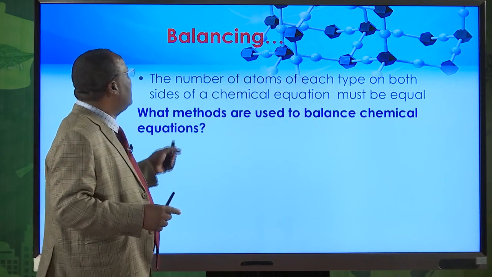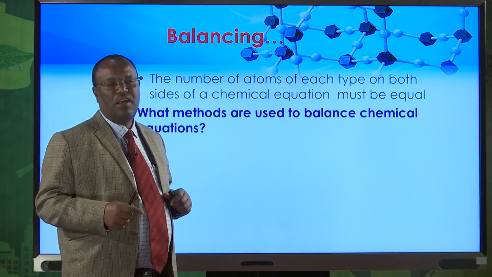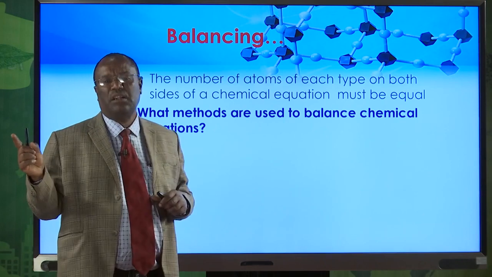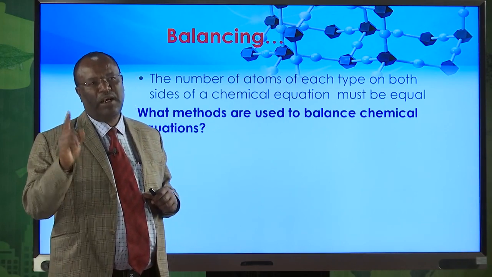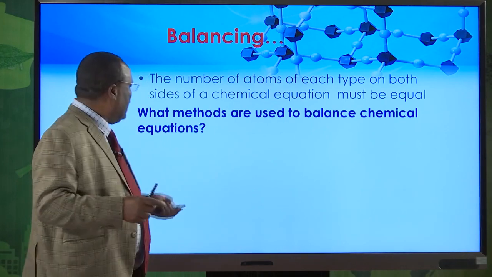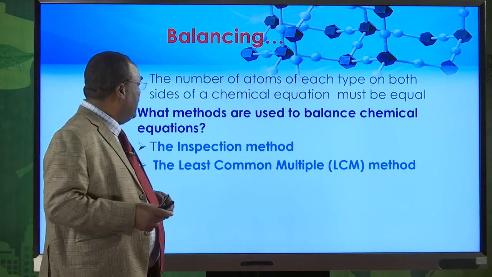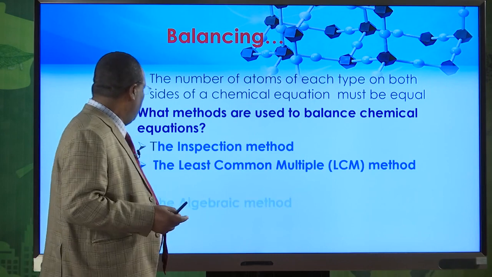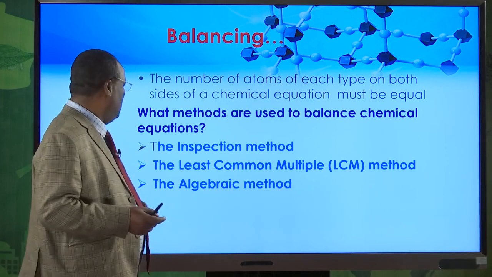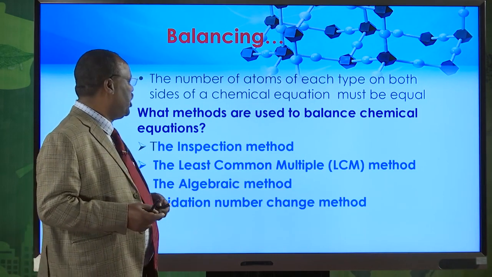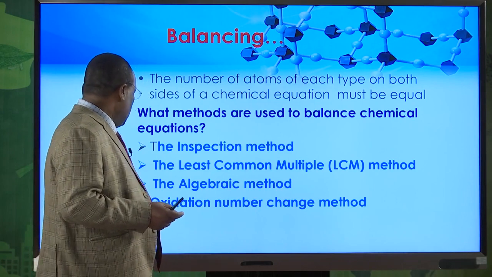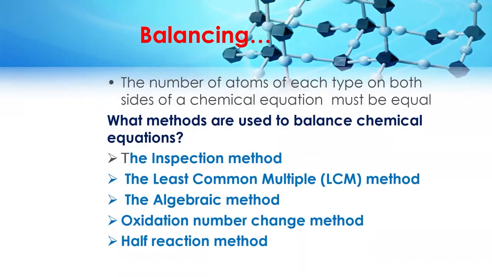So, what methods are used to balance chemical equations? There are different kinds of methods that are used to balance chemical equations. These are the inspection method, least common multiple method, the algebraic method, oxidation number change method, and the half reaction method.